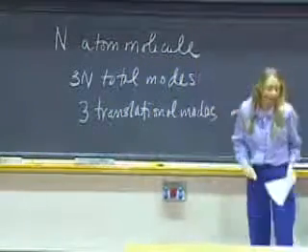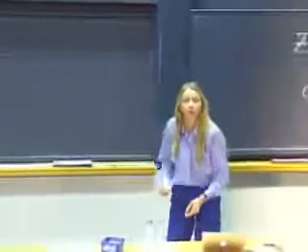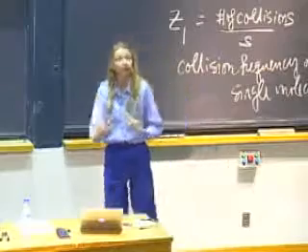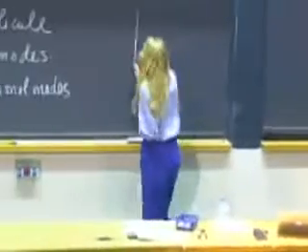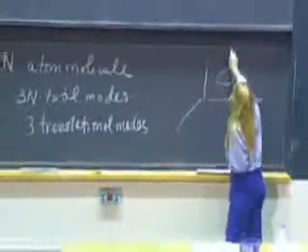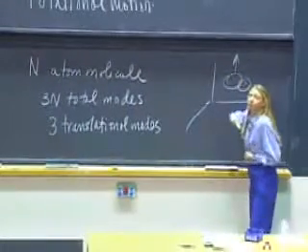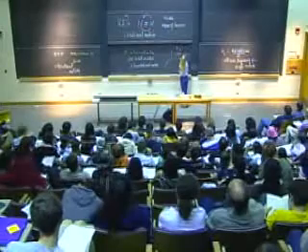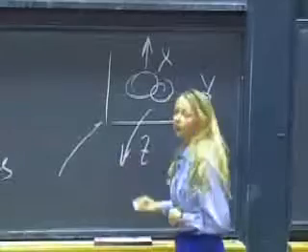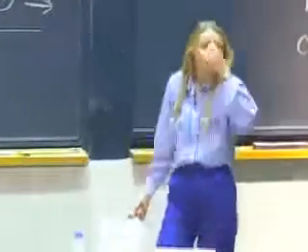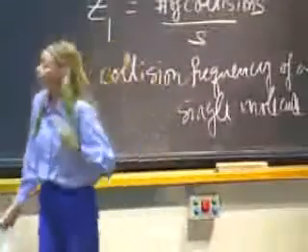Why do we have 3 translational modes? We have 3 translational modes because we're operating in a 3-dimensional space. So if we have some molecule here, that molecule has motion in the x direction, in the y direction, and also in the z direction. Those are the 3 translational modes of the molecule.